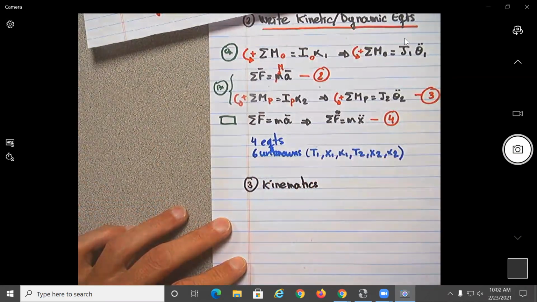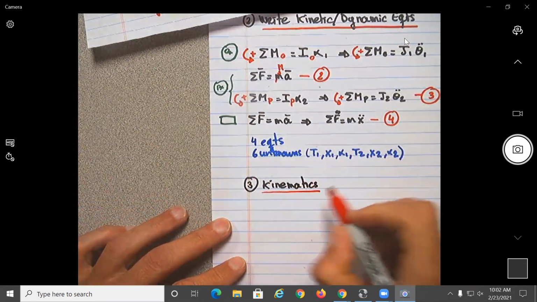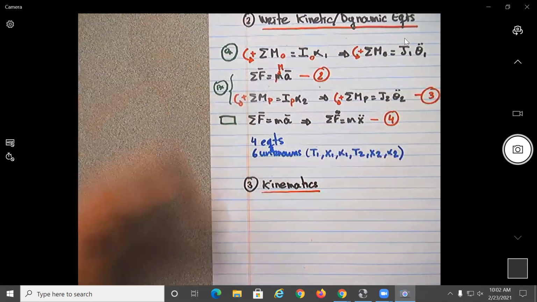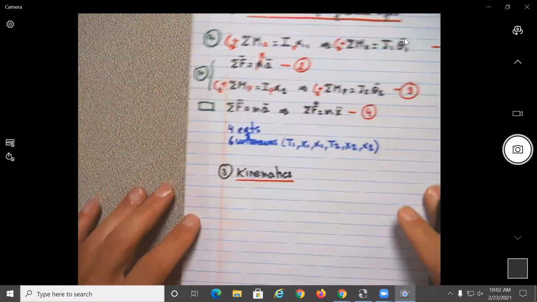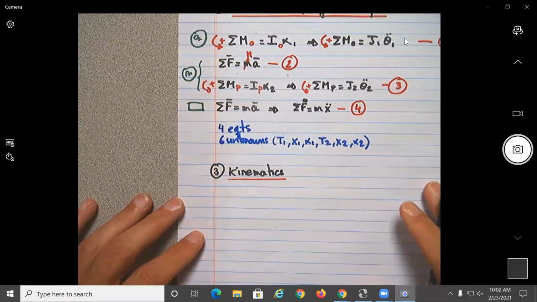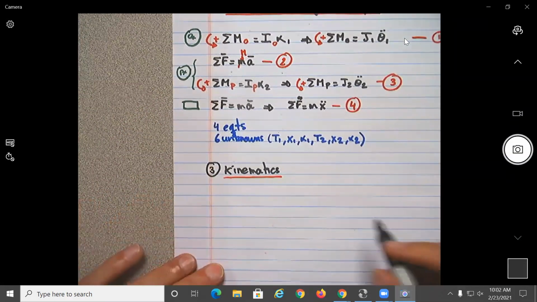So this is the part that you need to come with some knowledge from dynamics. So I'll try to give you the equations. So let me just redo the figure.